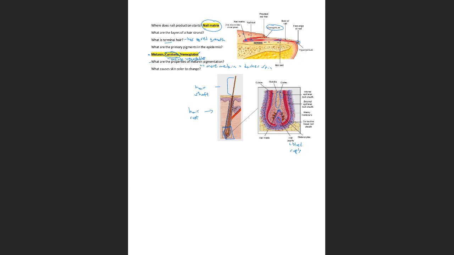Next question is what causes skin color to change? Any one of these primary pigments can cause your skin color to change. If your body decides to start producing more melanin, you become darker. If melanin is not being produced, you'll become lighter.